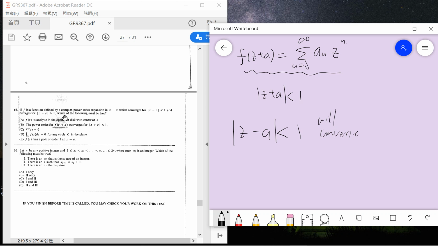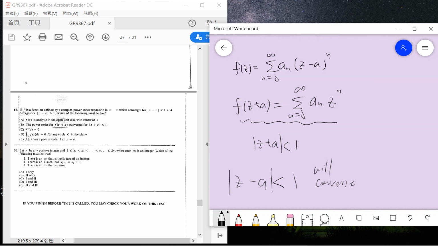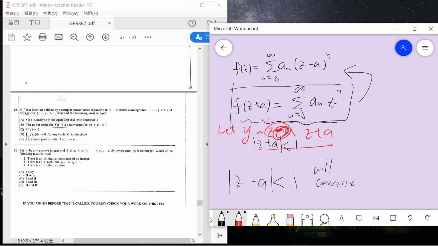But now this function is just shifted by plus a. So we need to transform this equation back to this. How do we do this? We can just let y equal z plus a.